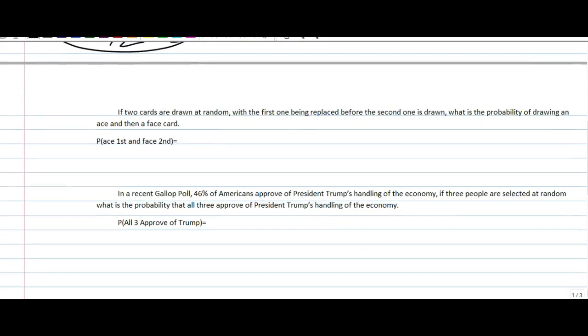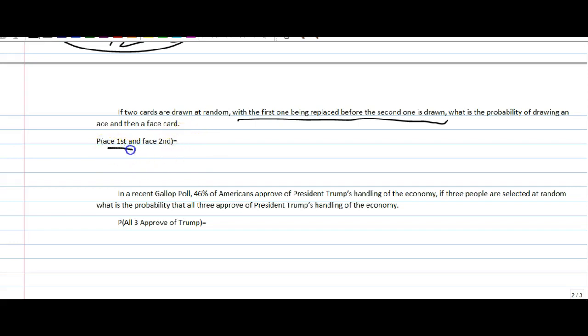We are still looking at events which are independent. So I'm drawing 2 cards at random, and I'm replacing the first card before I draw the second card. Now, with replacement is very important, and we'll discuss why when we look at dependent events. So I want to know what is the probability of obtaining an ace followed by a face card in that order.